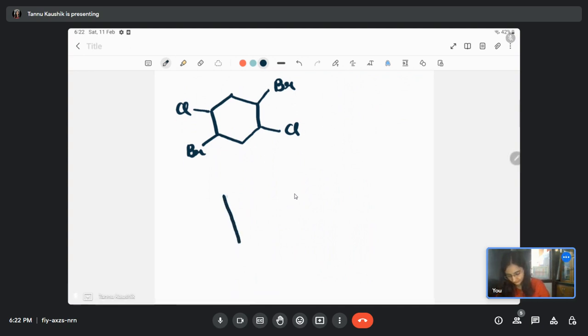So the chair configuration for this is like this. So I'm labeling it.